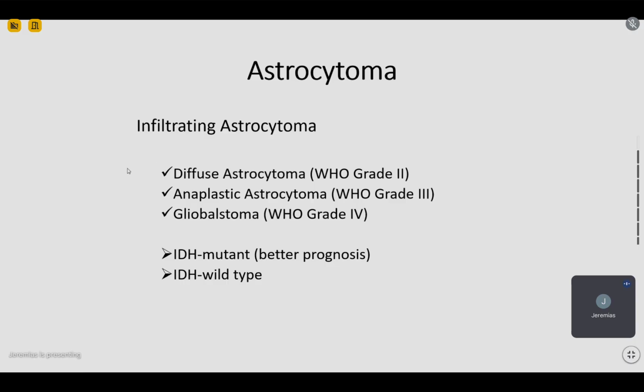Aside from that classification, it is also classified based on isocitrate dehydrogenase, IDH mutant or wild type. If the astrocytoma is IDH mutant, there's a better prognosis. If it's IDH wild type, usually glioblastoma, the prognosis is bad. I guess that's the important part when it comes to classification of astrocytoma.